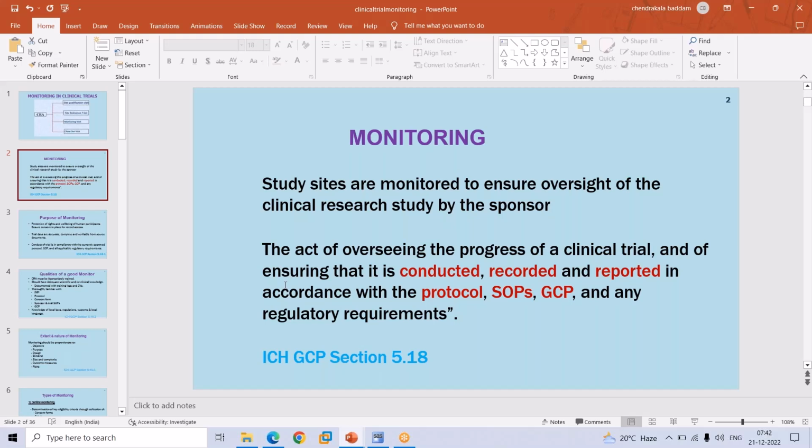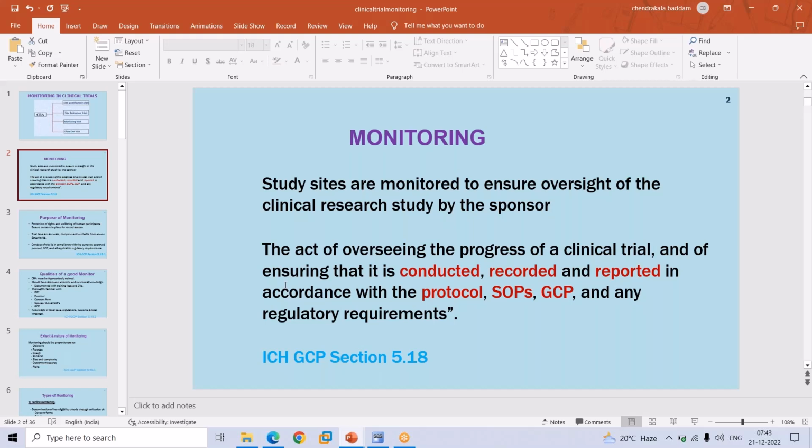So what is monitoring? The act of overseeing the progress of the clinical trial and ensuring that the trial is conducted, recorded, and reported in accordance with the GCP guidelines, the protocol, and the SOPs, standard operating procedures.